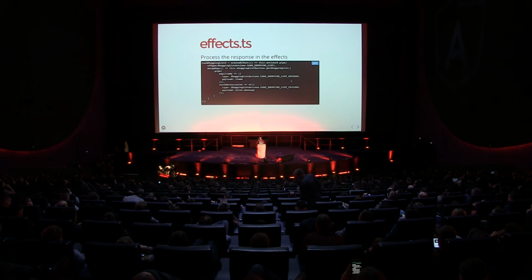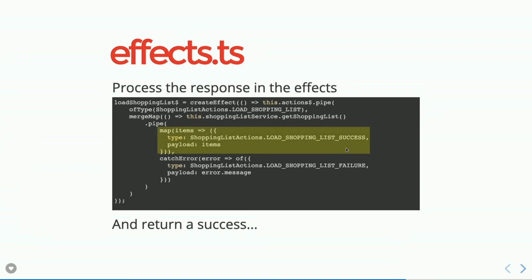So then in your effects, you can just map your response from your getter, from your get list, and return a success action if everything went well, or catch the error and return an error action, which will then be stored in the reducer and so on.